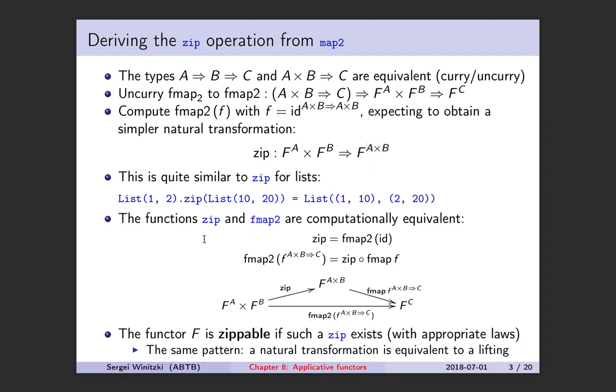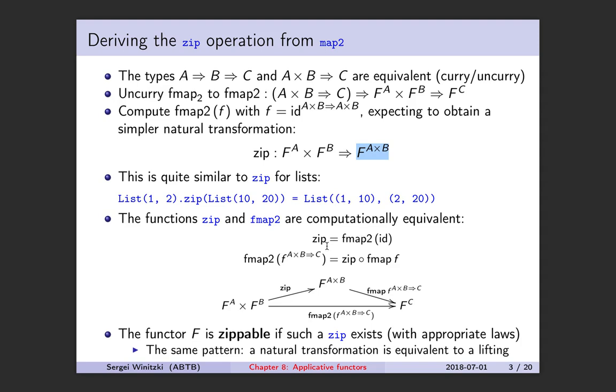So let's check that again. Zip and Fmap2 are computationally equivalent. So we define zip like this. Can we define Fmap2 via zip? Yes. All we need to do is we first need to do zip. That will give us this.